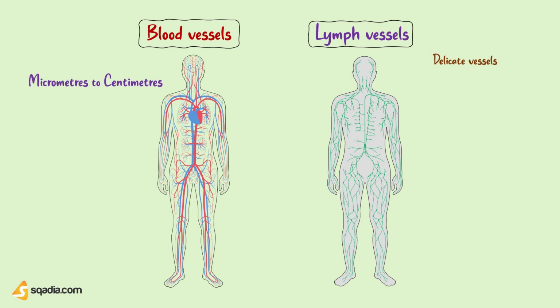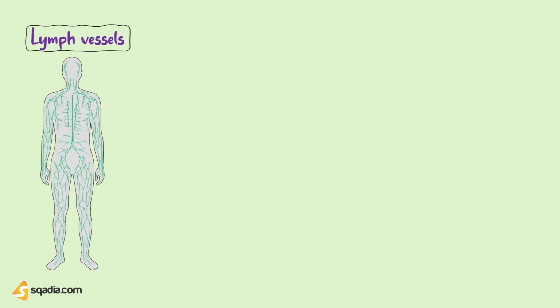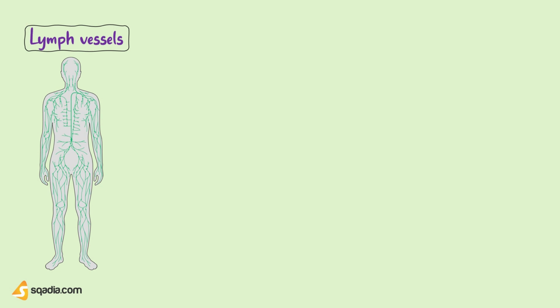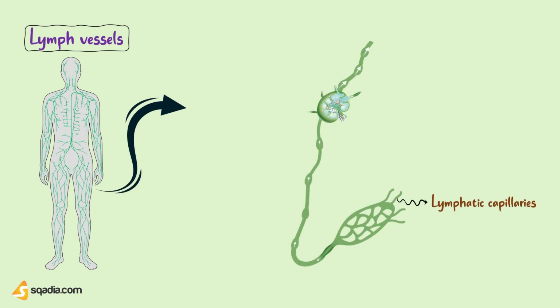And we know the diameter of blood vasculature lies between micrometers to centimeters. Similarly, lymph vessels are also non-uniform, and their diameter lies between micrometers to millimeters. Lymph vessels, or lymphatic vessels, or simply lymphatics, you can call them by any of these names.